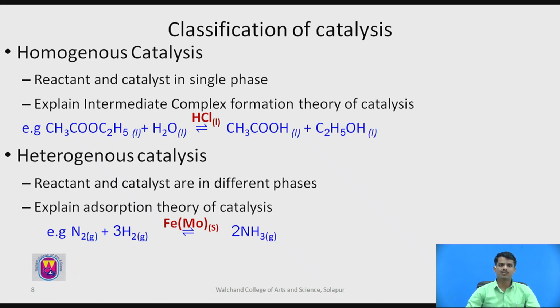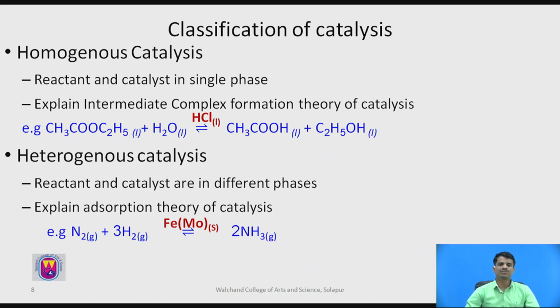Let us take an example of homogeneous catalysis. In the hydrolysis of ester, that is ethyl acetate, the ethyl acetate, H2O, the products formed, acetic acid and alcohol, and also the catalyst used, that is HCl, are all in the same phase.